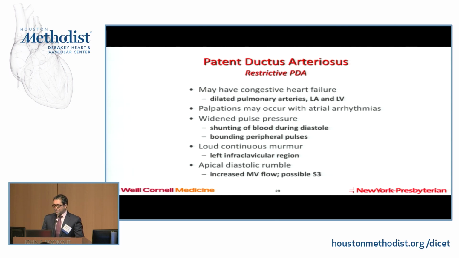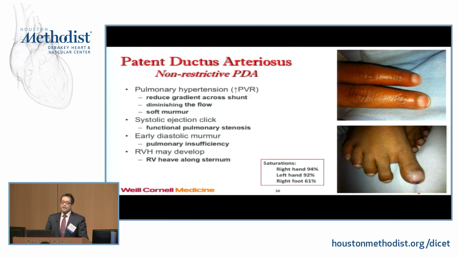You may see a widened pulse pressure akin to aortic regurgitation, and the classical physical exam finding of a continuous machine-like murmur. Now, if a PDA becomes severe and you develop pulmonary hypertension, you can get reversal of flow where you go right to left across the PDA. That allows deoxygenated blood to go predominantly to your lower extremities.